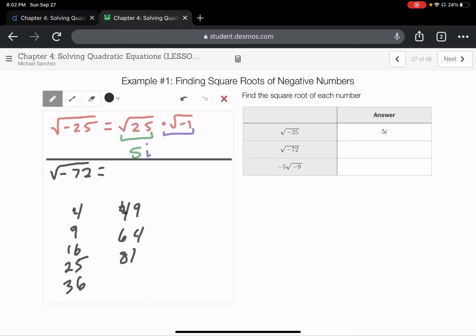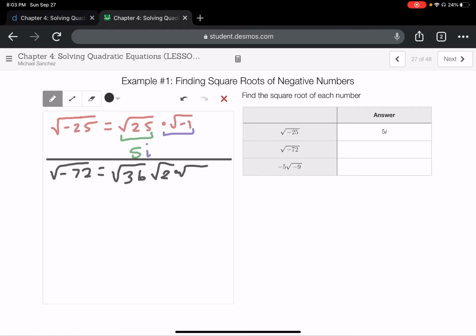But as you can see, none of these are 72. However, I can see that if I multiply 36 times 2, that's 72. So I'm going to use the 36 to break up this square root: the square root of 36 times the square root of 2, because that gives me 72, and then times the square root of -1.